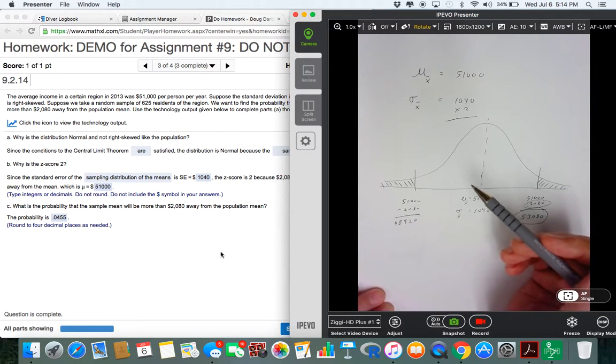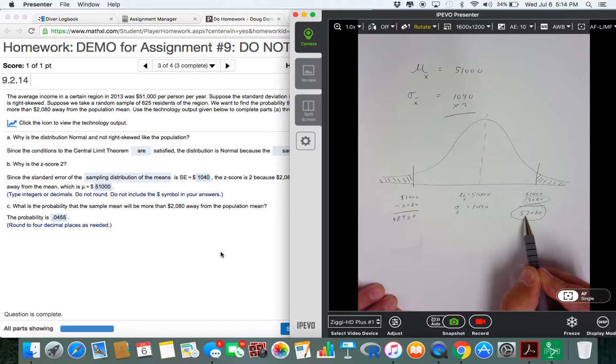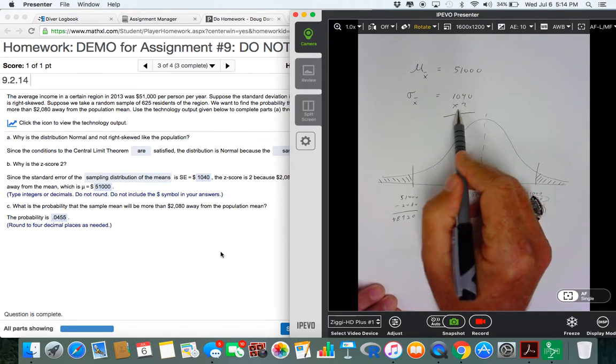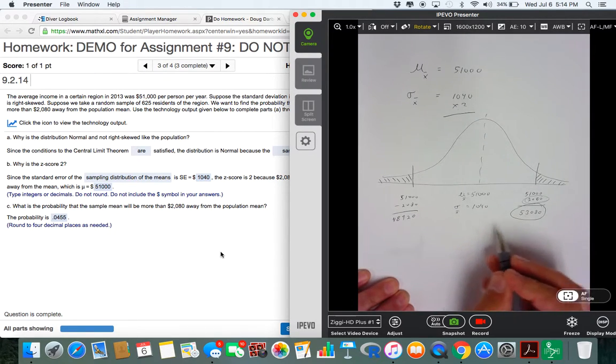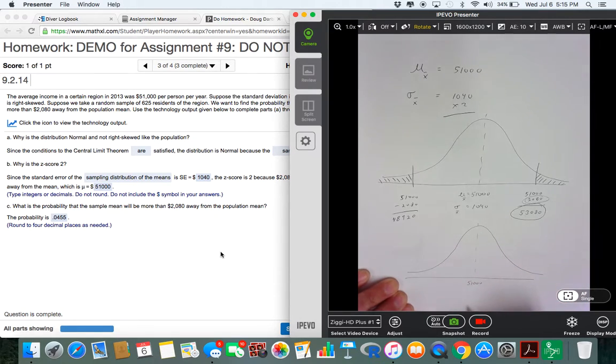But something I want to throw out to you guys is, what if it didn't fall nicely on that twice the standard error? For example, what if in this sampling distribution, mean of 51,000, standard deviation 1040, we want to know the probability of collecting a sample mean of 54,000 or higher?